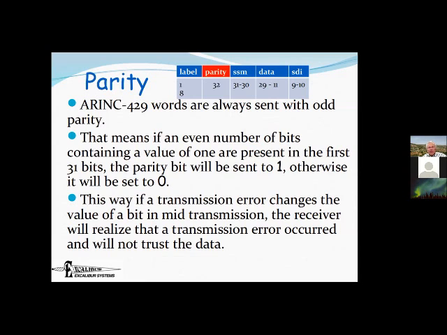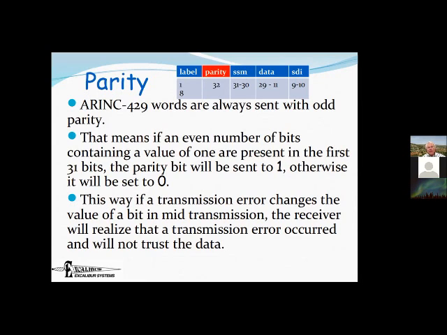Now, the advantage of this is, if something messed with one of the bits and changed it either from a 1 to a 0 or from a 0 to a 1, that's going to change the parity. And the receiver is now going to know that this data is not valid, that something happened to mess it up. It changed a bit.